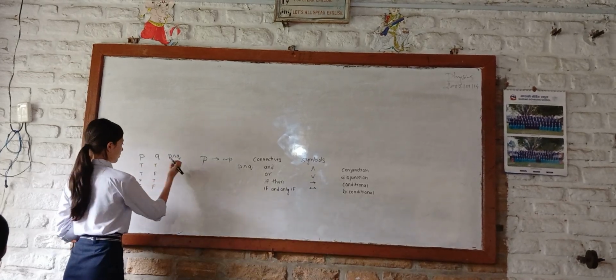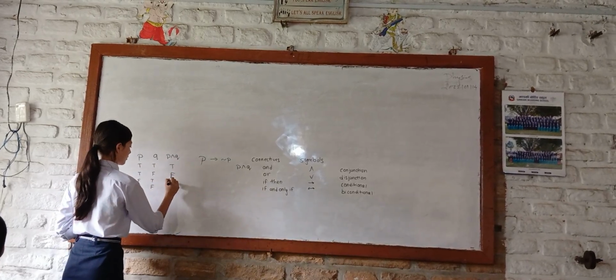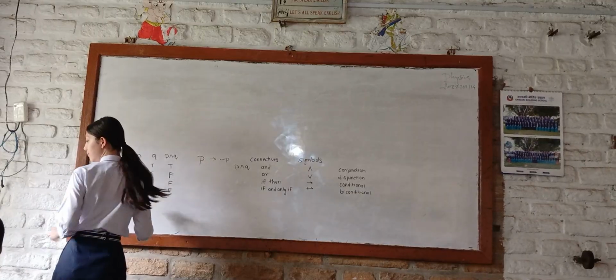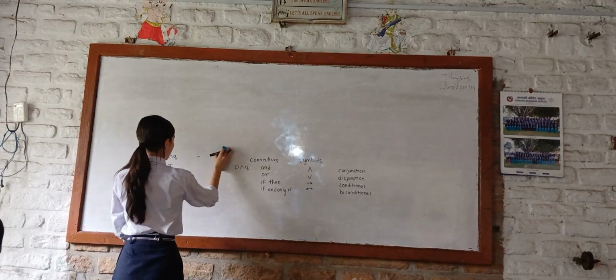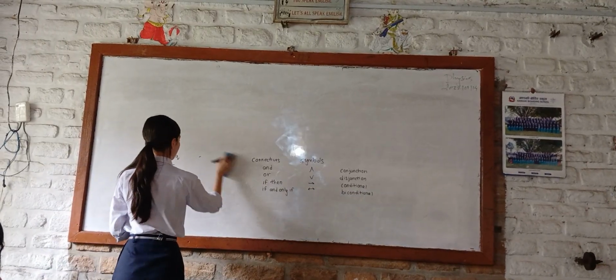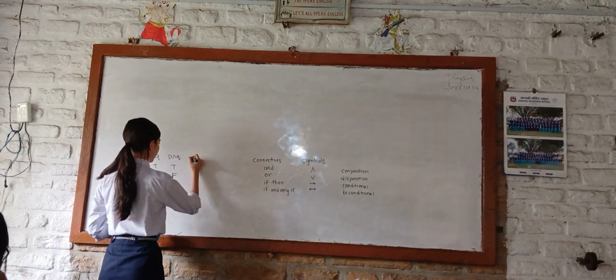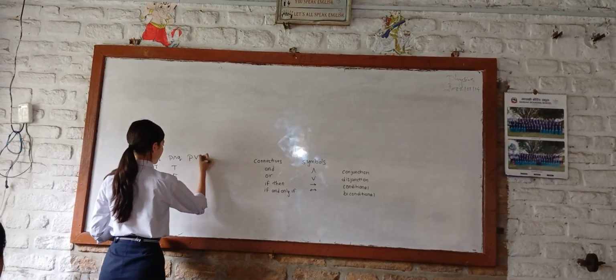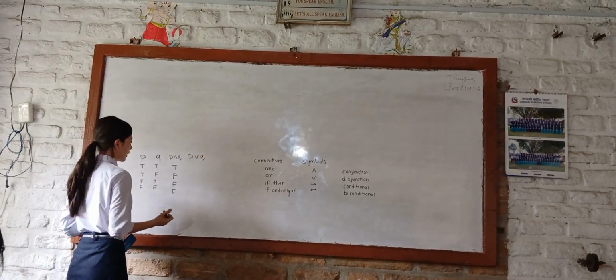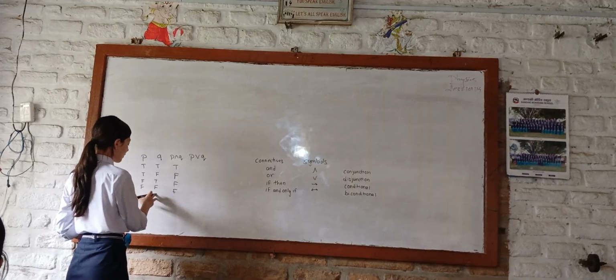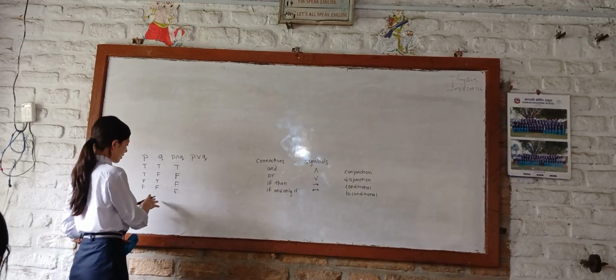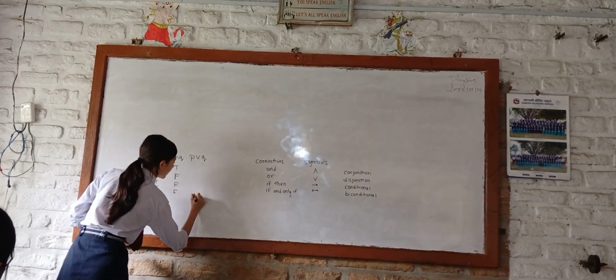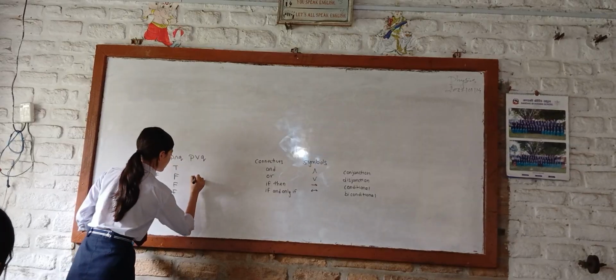Like this, true and true is true, otherwise false. Similarly in OR, if false and false, it is false, and otherwise everything is true.